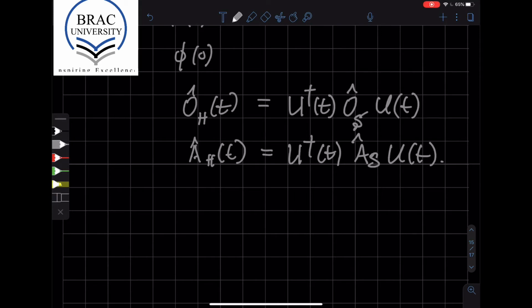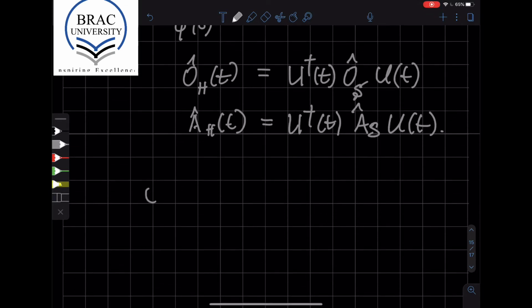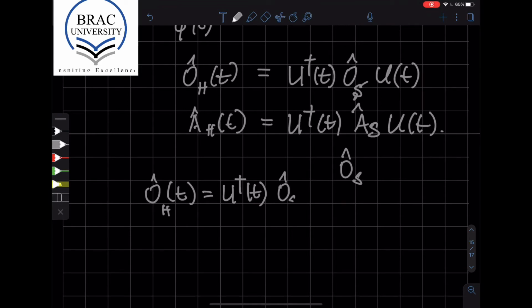So you might ask, what is the equation of motion? We can figure out the equation of motion for the operators. So suppose that the operator O has no explicit time dependence. What I mean is that suppose the operator O_S doesn't have any explicit time dependence. Then the operator O_H of t is given by U dagger of t applied to O_S, U of t. And then we ask, what is the time derivative of O?